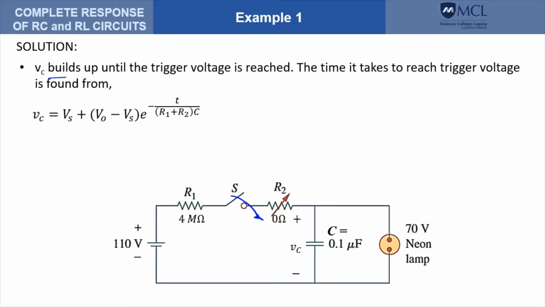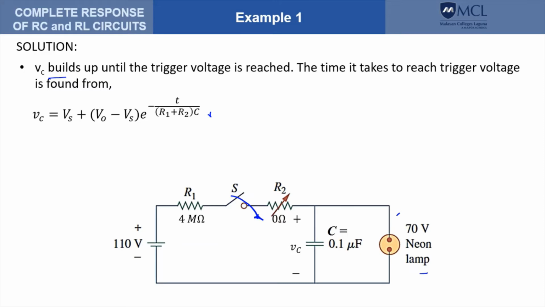Now, the time it takes to reach the trigger voltage can be found by using the formula for the series RC. Take note that even though the neon lamp is connected across the capacitor, initially this is an open circuit, so therefore we have a series RC. Therefore, we can use this formula to find the time it takes to reach 70 volts.